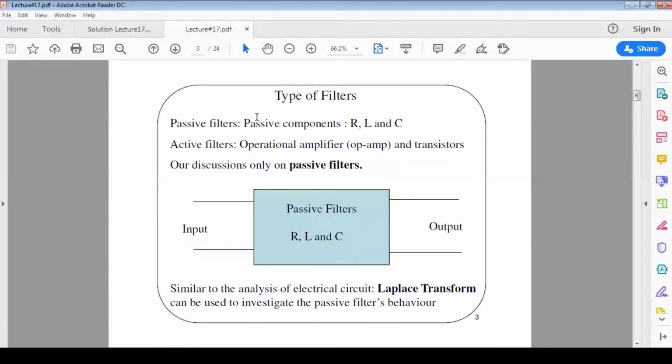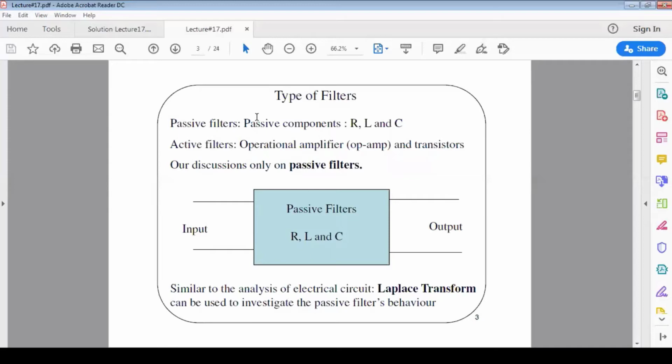Okay, so there are two types of filters. The first type is what we call passive filters. The passive filters are named so because of the passive components used in their structure. So the components used are the resistor R, the inductor L, and the capacitor C, right? And the other type is what we call active filters.